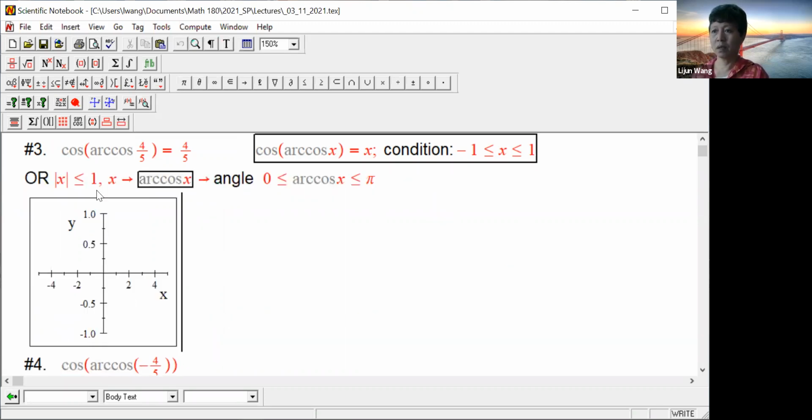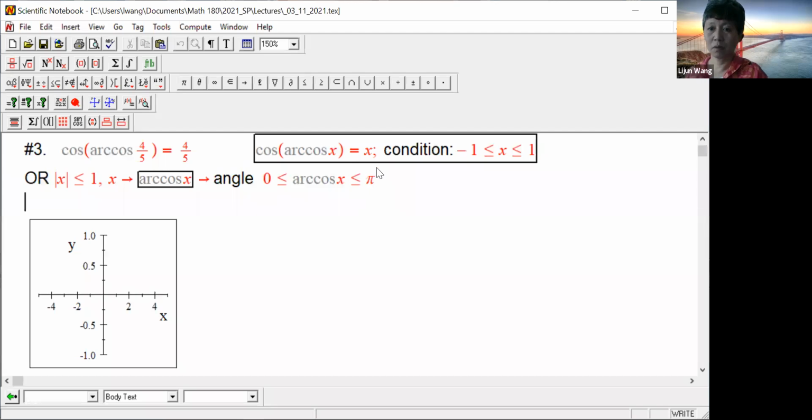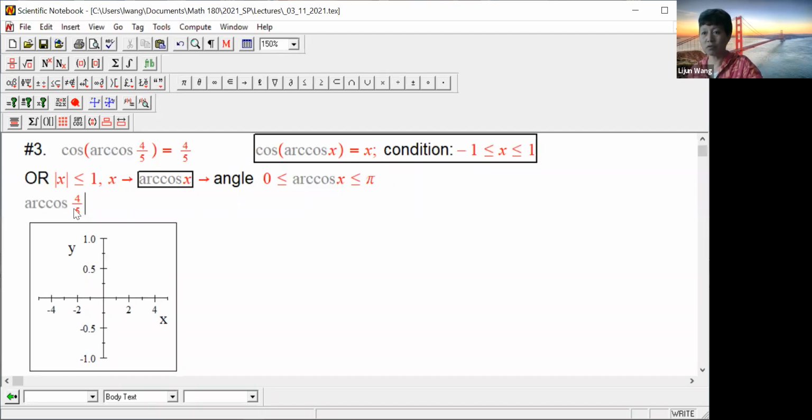So knowing this is an angle, understand the domain and range for arc cosine. This angle will be from 0 to pi.